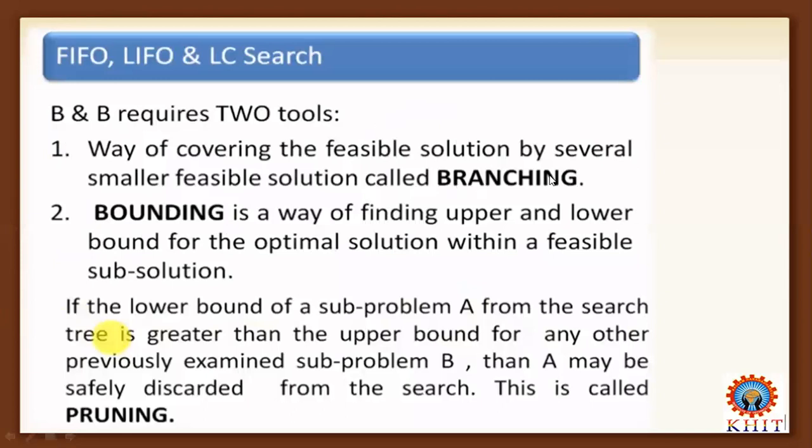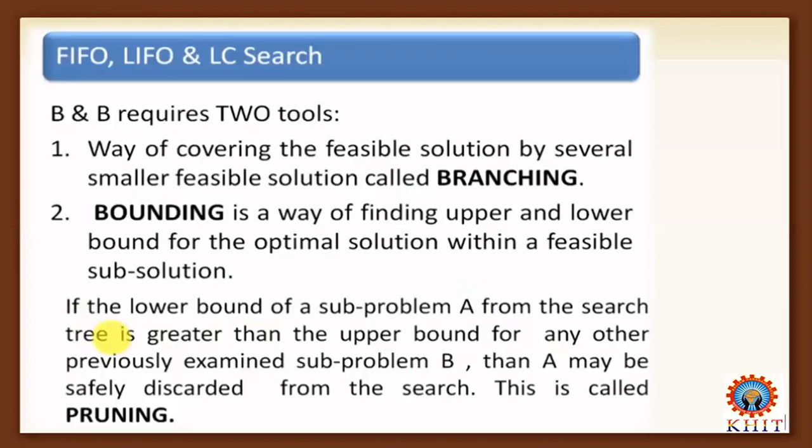Whereas the other tool is the branching tool. Branching means you need to generate or construct the state space tree in a number of iterations. For each and every iteration, new E nodes and child nodes are generated like a tree structure. The way of covering feasible solutions by several smaller feasible solutions is called branching. That means if you want to find feasible solutions, you need to find many possible solutions.